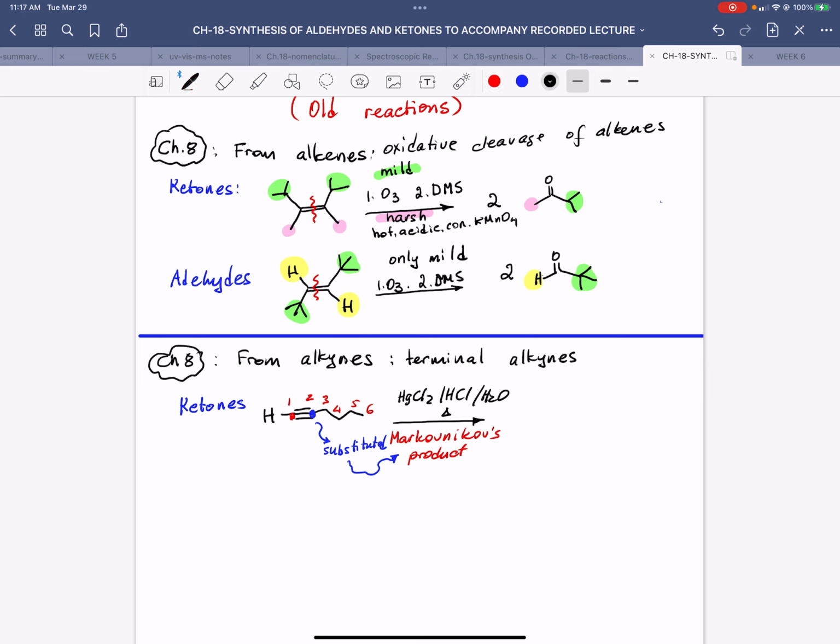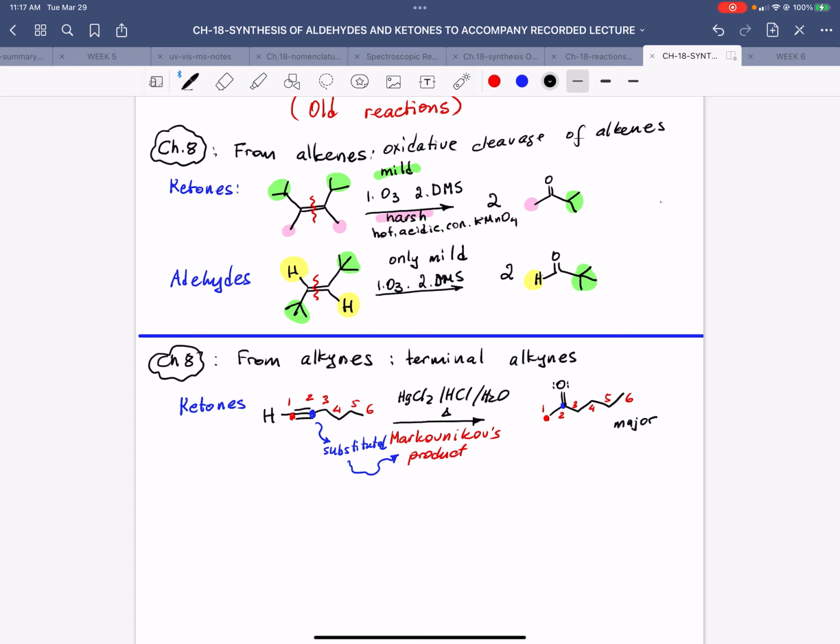So the product of the reaction will have 6 carbons. So carbon number 1 and carbon number 2 are the ones that are involved in the reaction. And according to this reaction conditions, we're going to get a ketone on position number 2 as a major product.